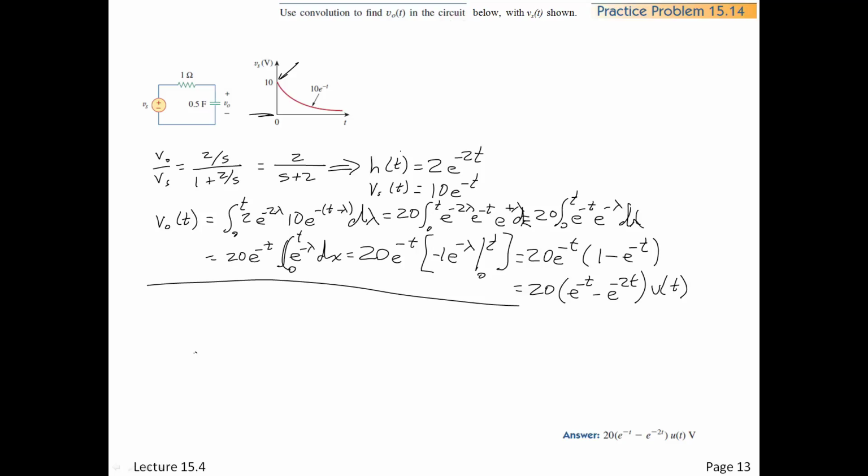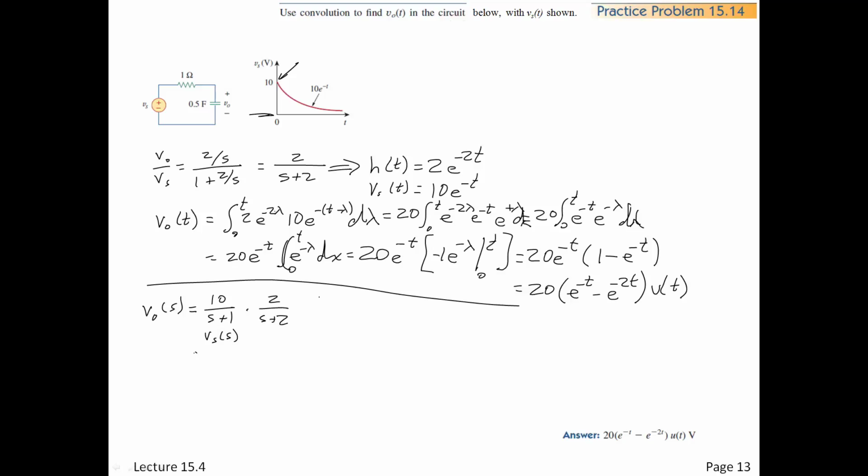If we did this in the s domain, we could say that V out of s is equal to Vs, the forcing function, which is 10 over s plus 1, times the transfer function, which is 2 over s plus 2.